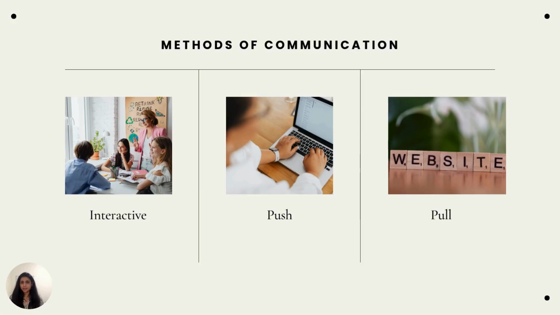You can see that in face-to-face meetings, phone calls, and video conferences, where multiple people are there and you discuss ideas. It is the best method for building consensus, resolving conflict, and confirming understanding because it provides instant feedback. When you talk to one another, you receive instant feedback. Versus the other communication methods, push and pull, you don't get that instant and direct feedback.